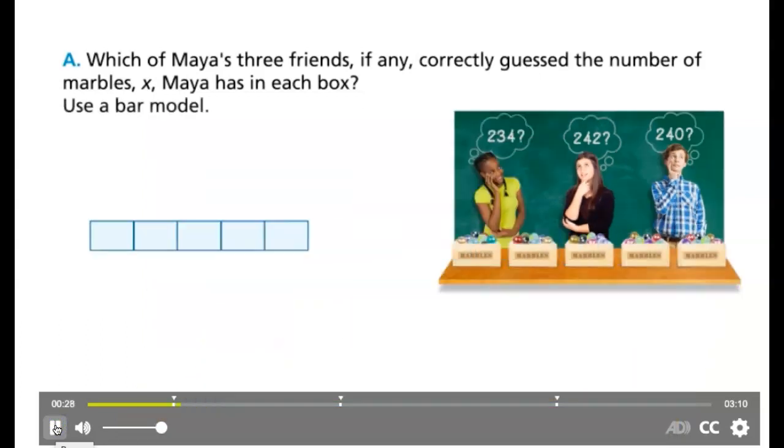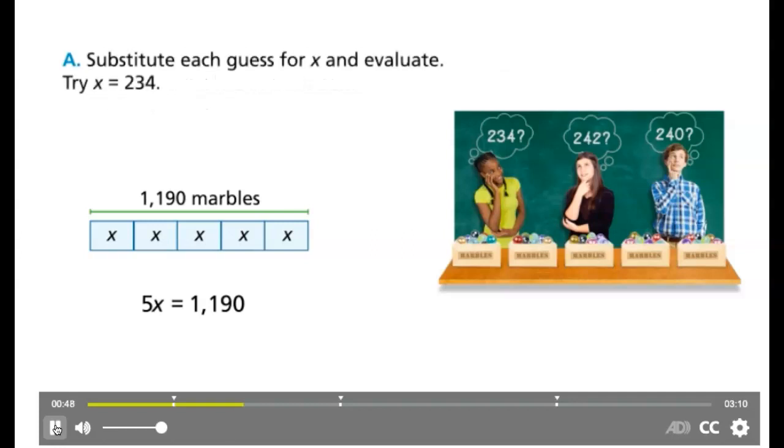You can use a bar model to represent the 5 groups of marbles. Maya has 1,190 marbles. If each box has X marbles in it, then 5 times X is equal to 1,190. Now substitute each guess for X and evaluate.